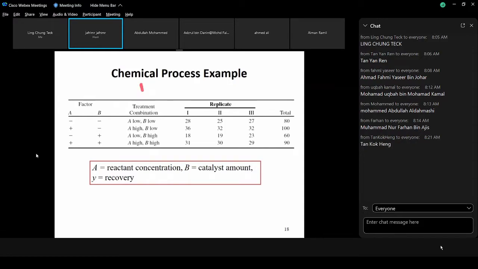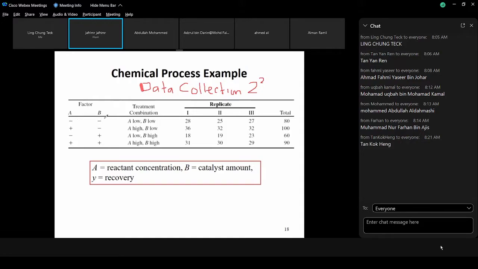This is called the data collection sheet for 2x2 design. 2 levels, low and high.